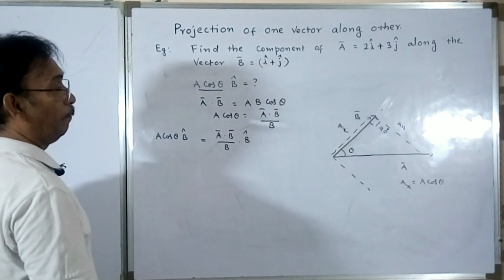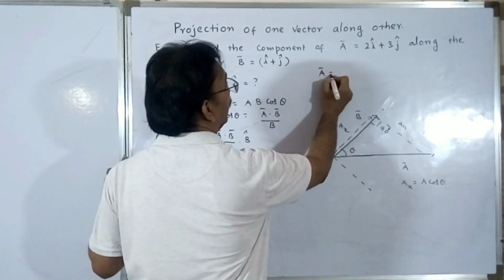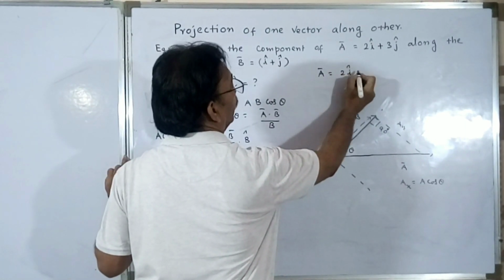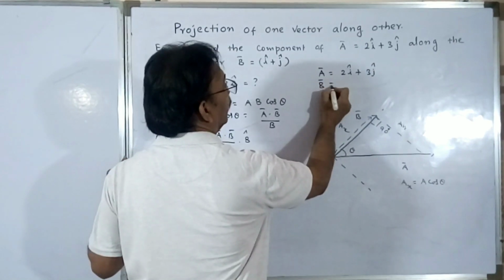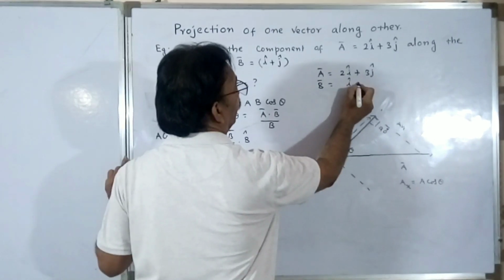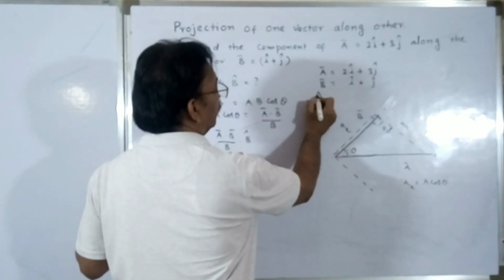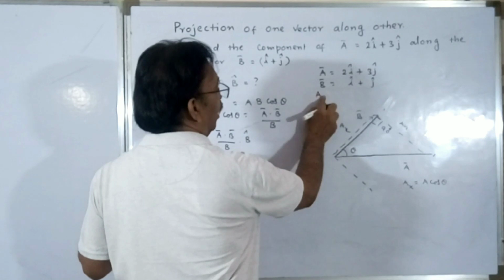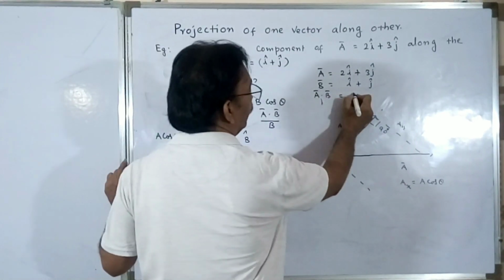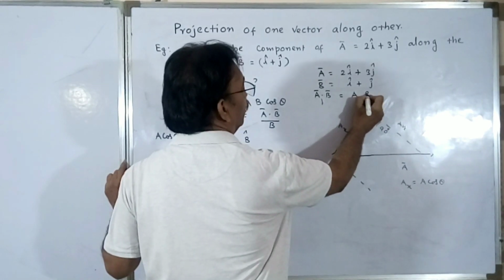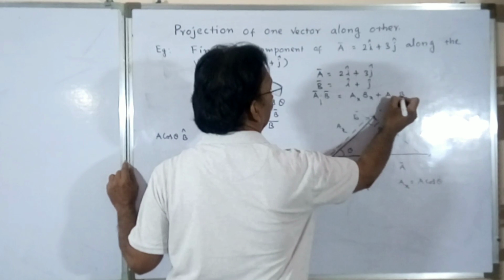Here in the problem, again, A bar is equal to 2i cap plus 3j cap and B bar is equal to i cap plus j cap. In earlier classes we learned that if two vectors are multiplied, A bar dot B bar, the magnitude can be had as Ax Bx plus Ay By.